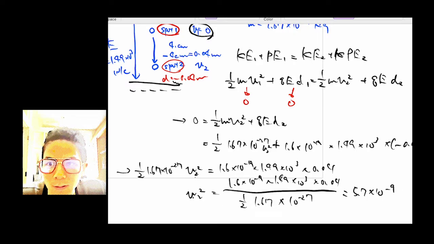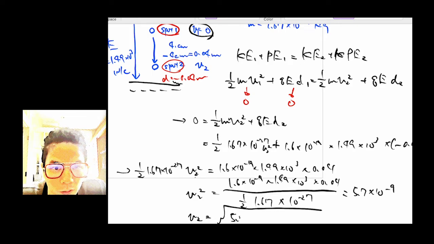And of course, this is v2 squared, and what you want is v2, not squared. So v2 equals the square root of this number, and again you use the calculator and you will get the value of 5.6 times 10 to the 5th.